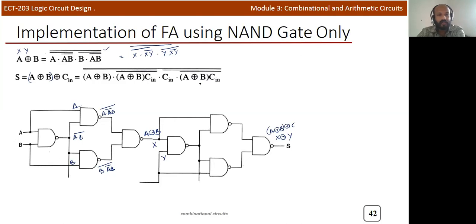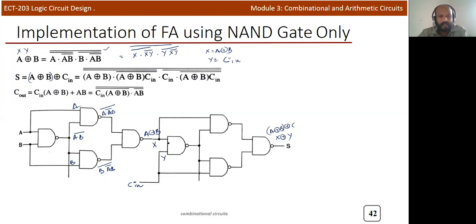This is the final equation for X and Y. In place of X, you can substitute A XOR B, and Y is equal to C, because here we need to apply one more input, that is C. If you substitute these two values, you will get this expanded equation, and the circuit will be like this. Just try to expand the equation by using this concept.